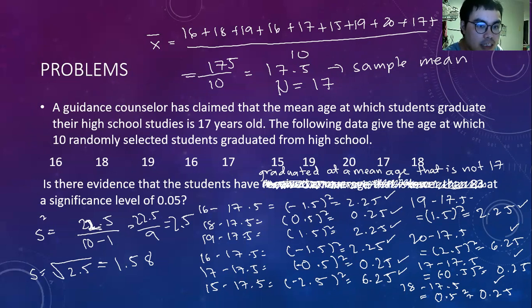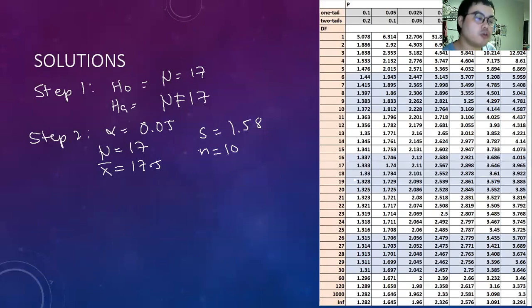So the age we are claiming is not 17. Since there's no specific inequality or comparison, we can tell that this is two-tailed.